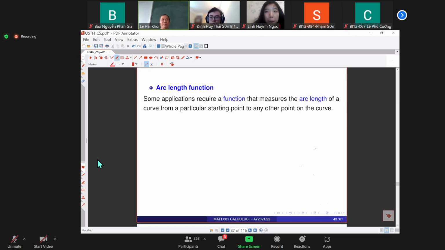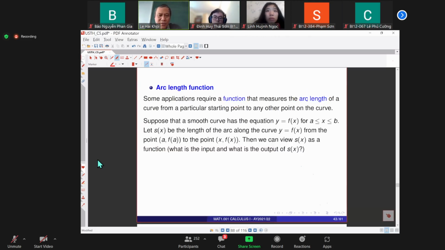Okay? Now, if we talk about the arc length from one point to the other point, sometimes you also need a function that measures the arc length, right? That's a function.